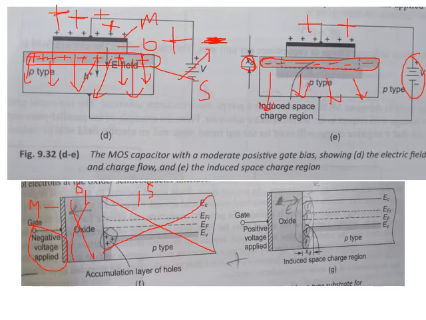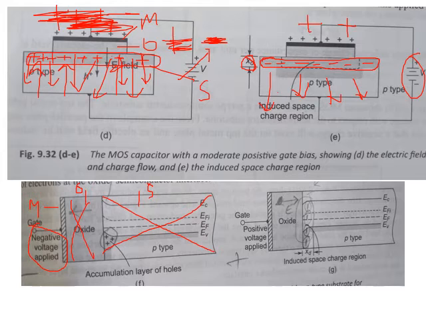Just now we have seen, if I apply negative potential, what will happen? See, all these are negative, right? What about holes? They will move up or down? Yes, they will be attracted.